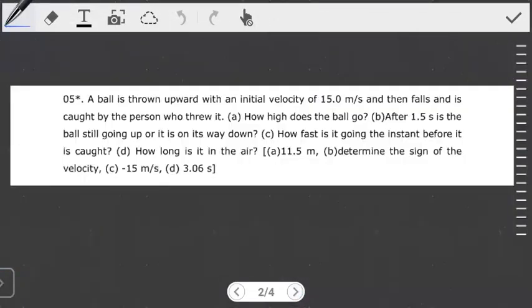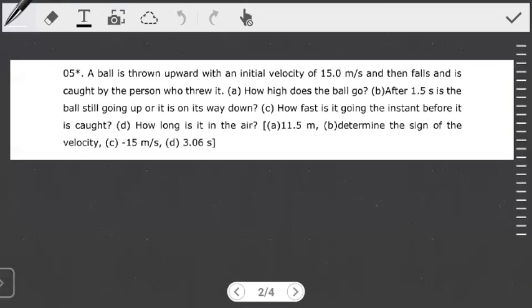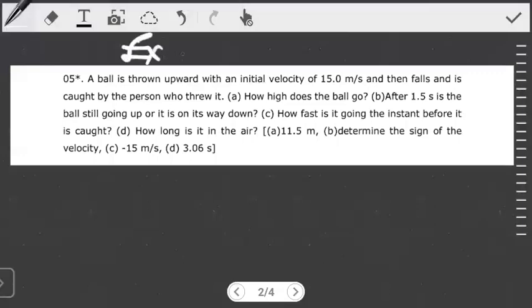Let's have this question where we're told that a ball is thrown upwards with an initial velocity of 15 meters per second, and then it falls and is caught by the person who threw it. Since the person who threw it is the one who catches it, the assumption is that the ball goes up and falls back to the same point where it was thrown.